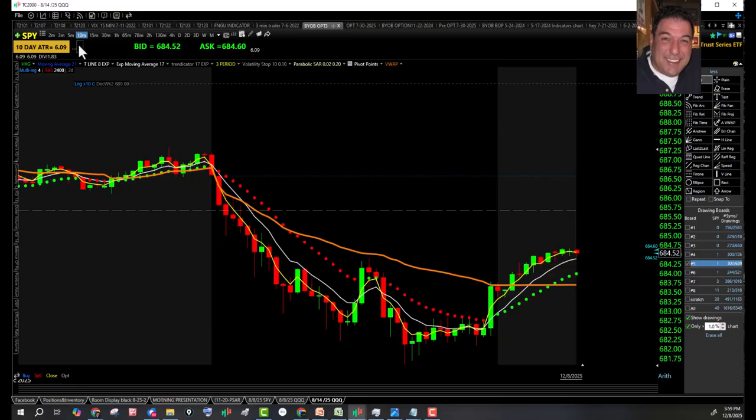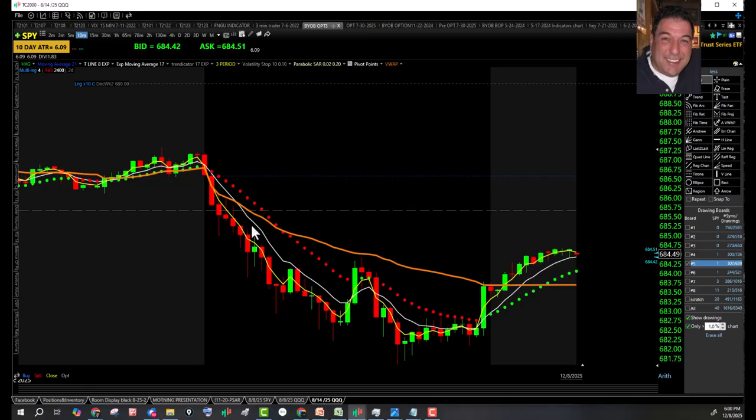So what is my 10-minute trend? For me, it's the 3 EMA and the 8 EMA right here.